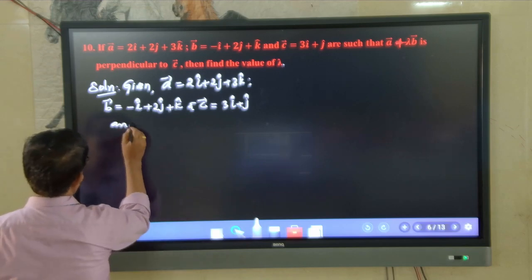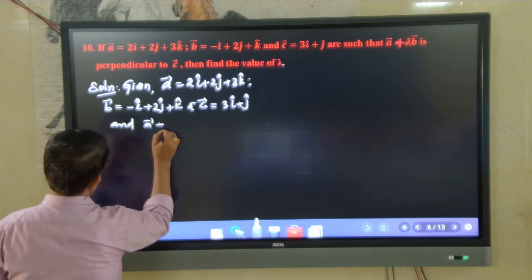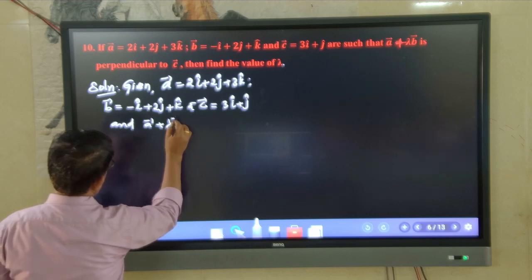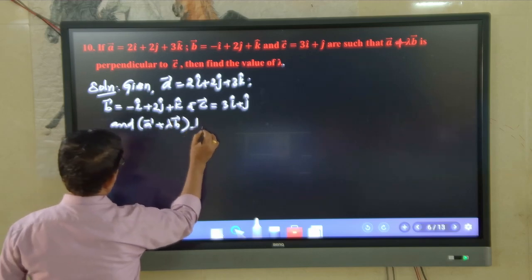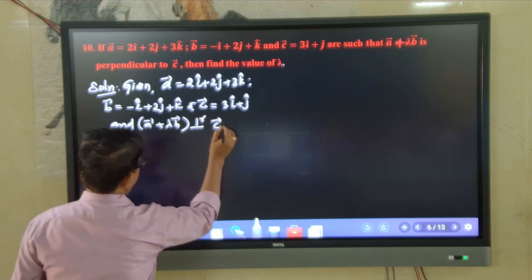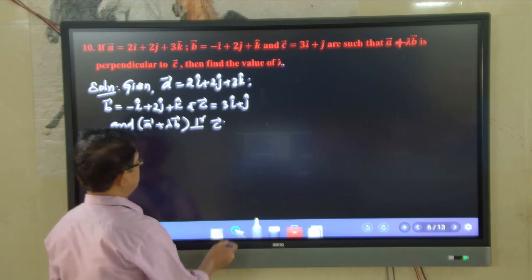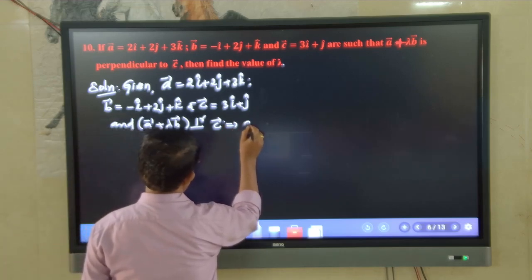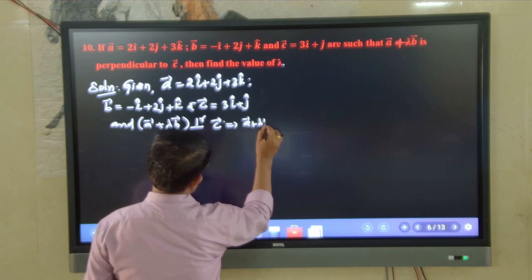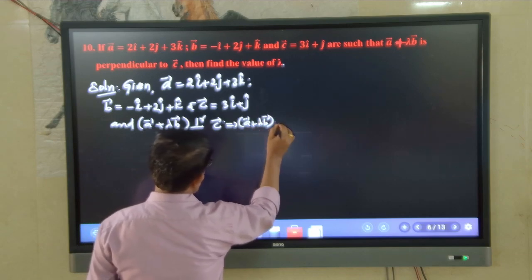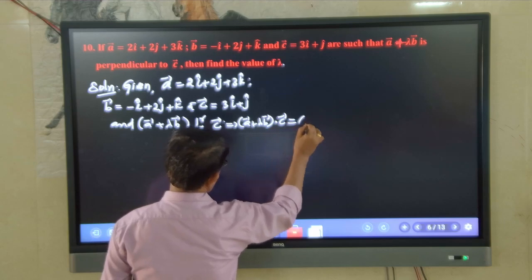And a vector plus lambda into b vector is perpendicular to c vector, correct? What is the meaning of that, students? Yes, this is a vector plus lambda into b vector dot c vector equal to 0.